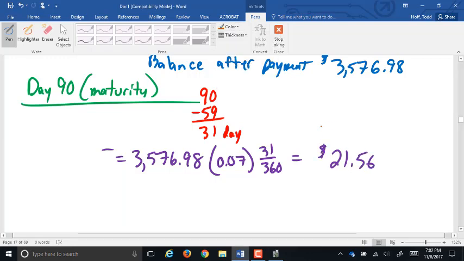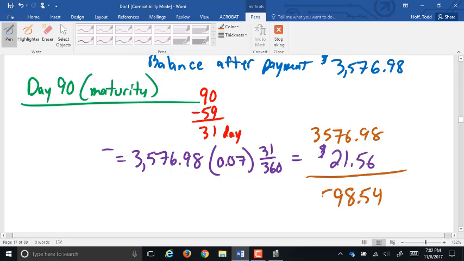But we're going to take that previous balance, $3,576.98, and we're going to add that, you get $3,598.54.